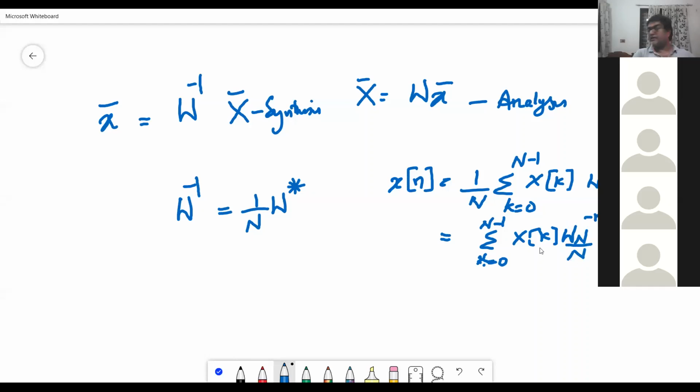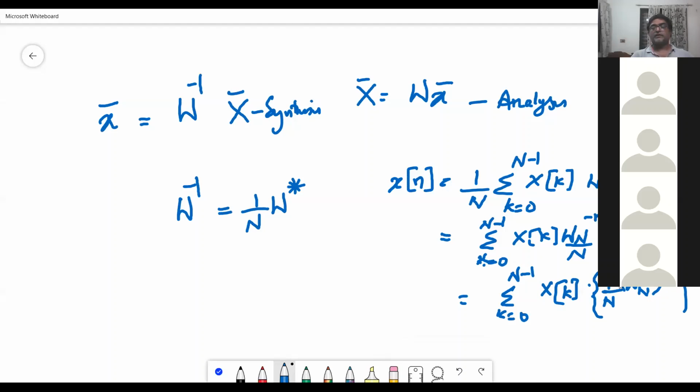W raised to minus nk by N, which again I will write as sigma k equal to 0 to N minus 1 X of k into 1 by N, 1 by W_N raised to minus 1, whole raised to nk. Is it okay?